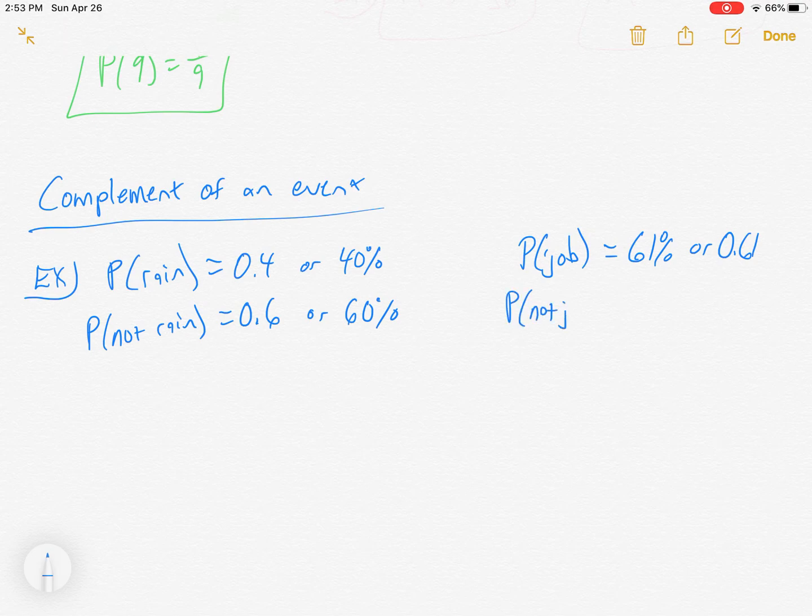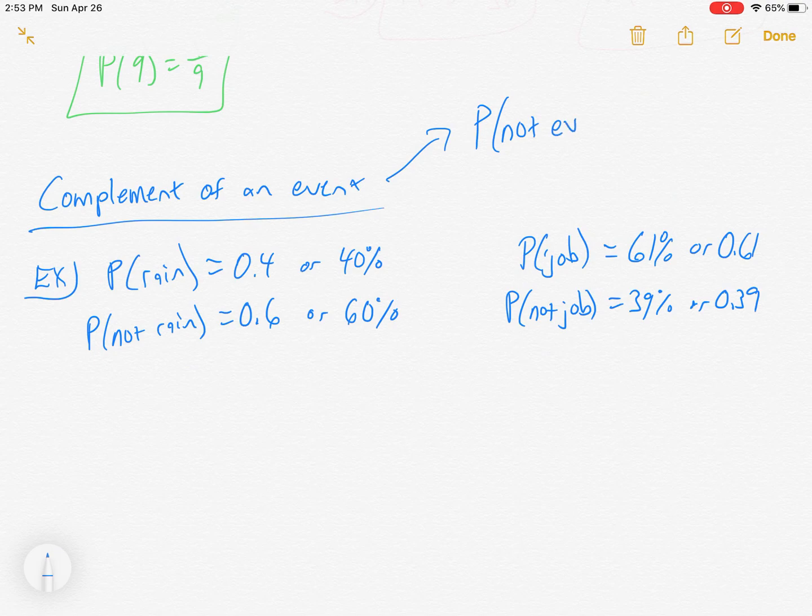Say you apply for a job. The probability you get the job, let's say, is 61%, or 0.61. Well, then the probability of not getting the job would be 39%, or 0.39, because you'll do one or the other.